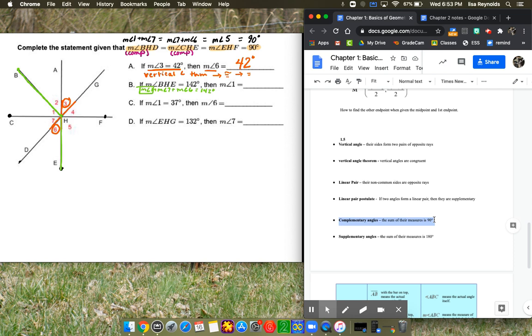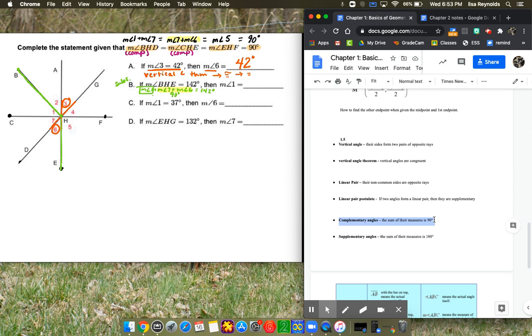So that means I'm going to need to do some substitution. So I'm going to use my information about the measure of angle 6 plus the measure of angle 7 from up here at the top. Those are 90 degrees, so I'm going to replace that with 90 degrees.